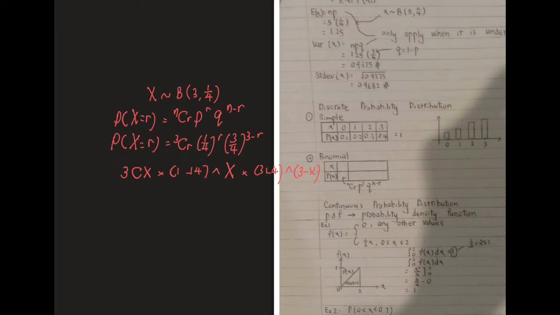So depends on what calculator you're using. So to count the x, right, so we can just press alpha close bracket. Okay, so and then the x will come up. So after you key in this whole thing, right, then you press calculate.